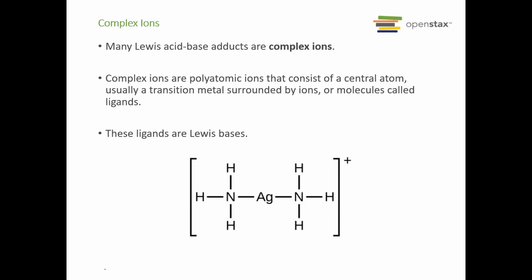So a lot of these Lewis acid base adducts are complex ions. They're usually polyatomic ions where we have a central atom that's usually a transition metal, and then it's surrounded by ions or molecules, and we call these ligands. So we have two ligands here that are attached to the silver.